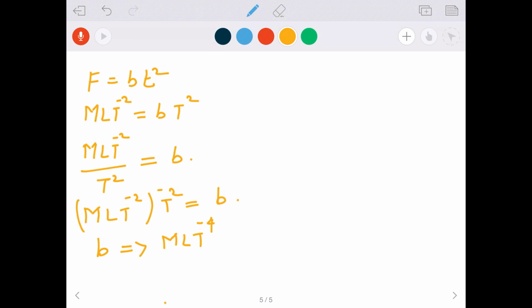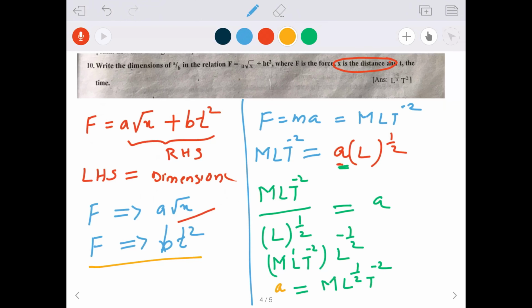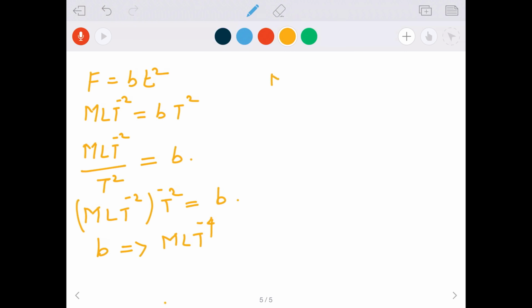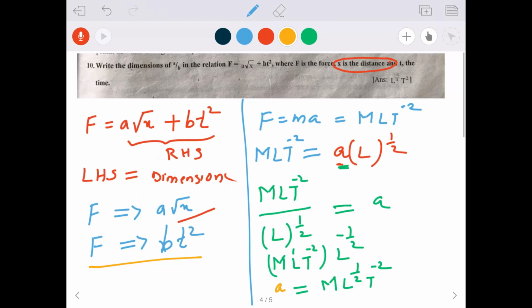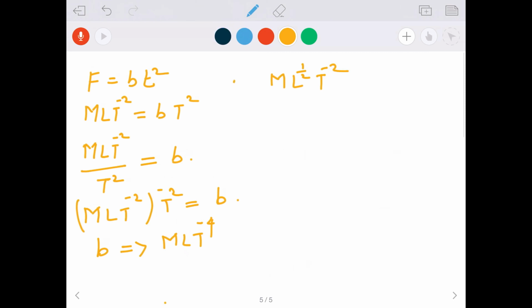So we have already the dimension of A, which is [M][L]^(1/2)[T]^(-2), and the dimension of B is [M][L][T]^(-4).